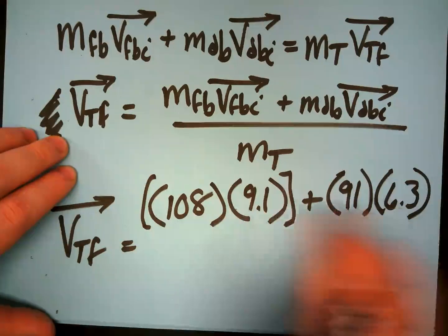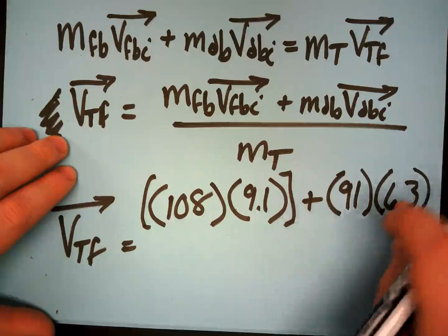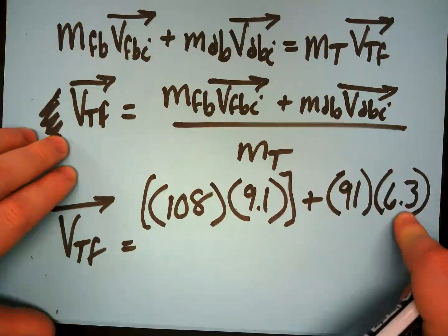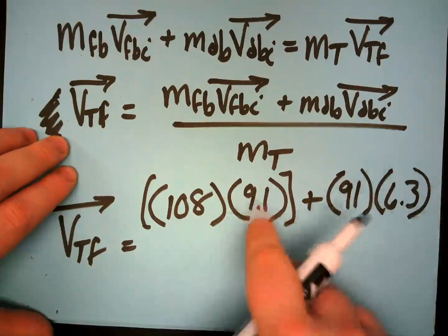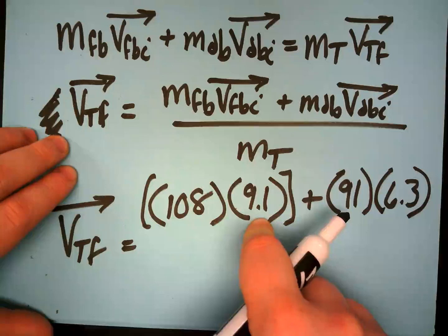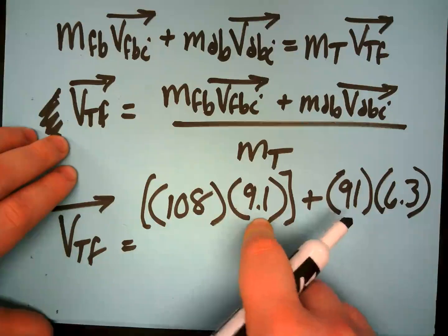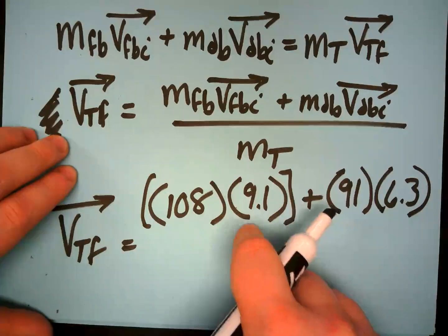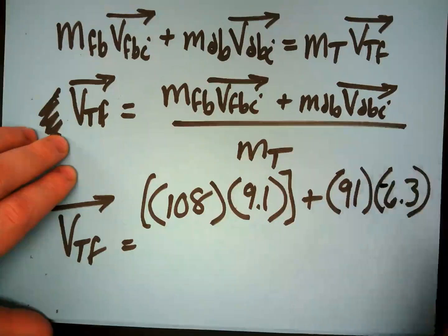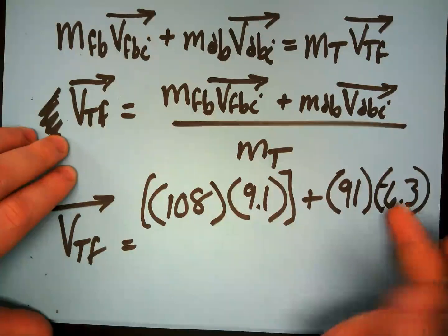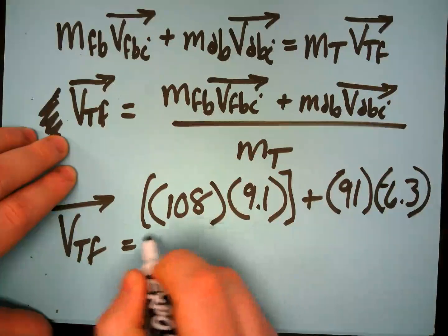We have to establish one of these as negative. So we're going to specifically associate, because mass isn't a vector quantity, we're going to associate the velocity since it's a vector quantity. We're going to say that this guy right here, just by looking at it, has a higher momentum, so we should expect them to continue in this guy's direction. We're going to make this 6.3 a negative because he's moving in the opposite direction of this guy.